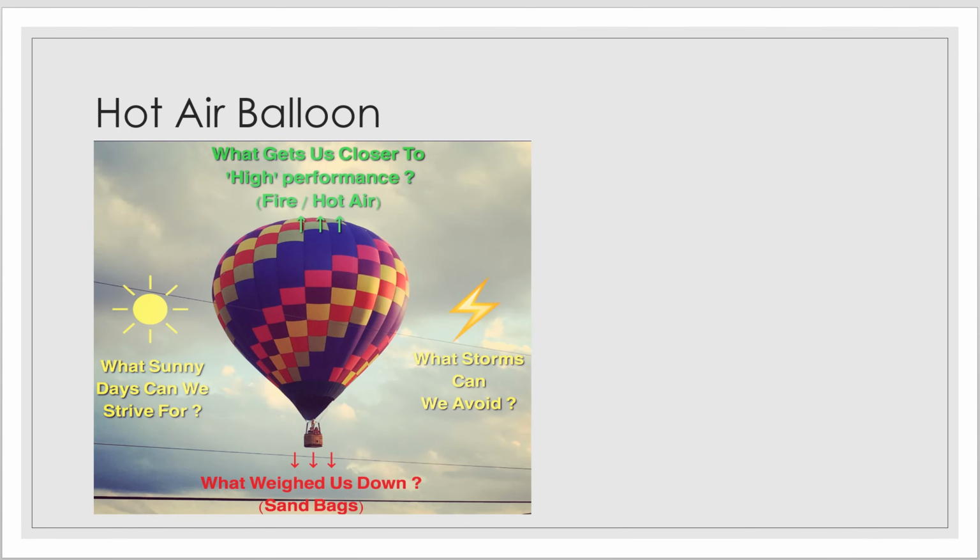Then another technique that we have is the hot air balloon. This is very similar to Run the Sailboat. Basically, I would say this is a forward-thinking exercise. It focuses on what happened during the last sprint, but also on what can happen in the upcoming sprint.